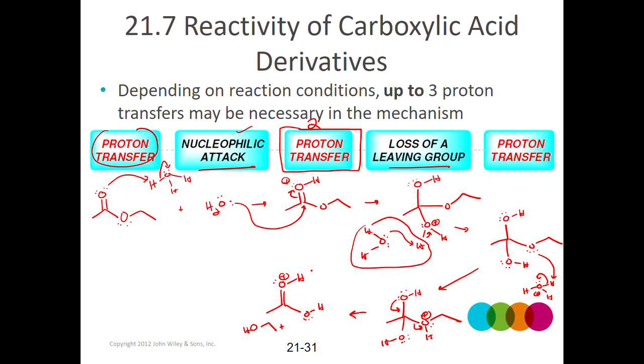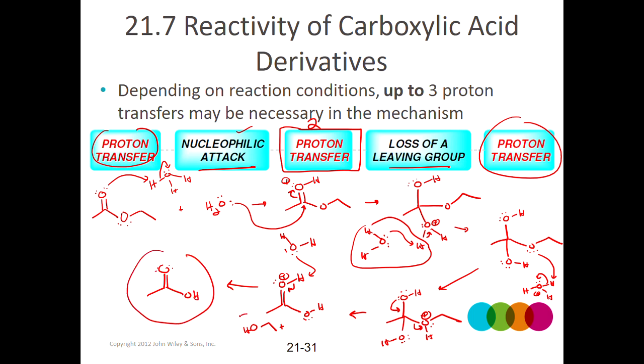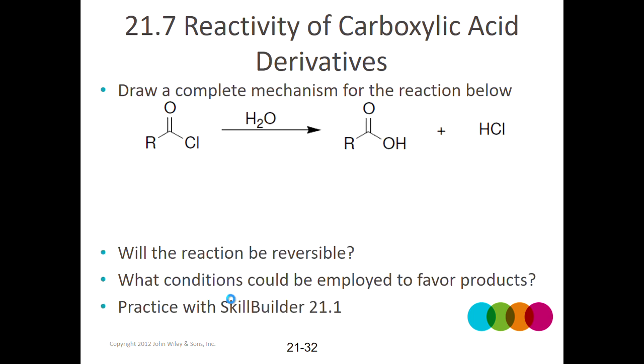And in this case, the product that's produced still has a proton. So we need one more proton transfer to regenerate the acid catalyst that was there and to make the final product. So we've got 1, 2 products, and then the H2O picks up that proton to regenerate the catalyst. So you want to do a fair amount of practice with those mechanisms.